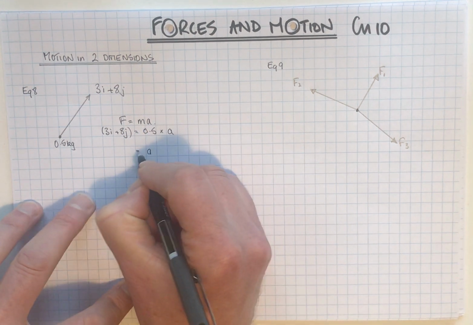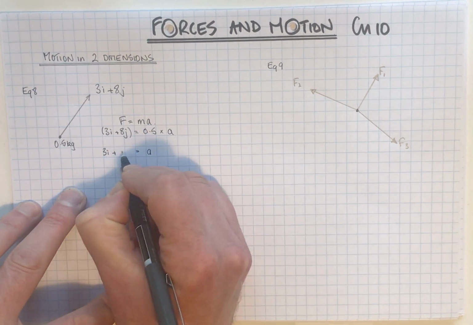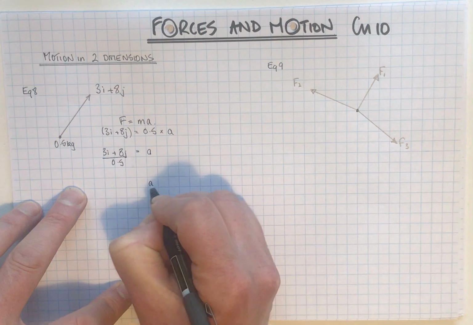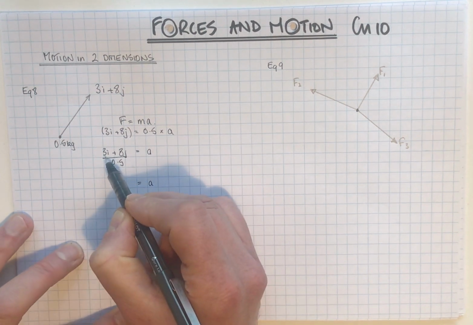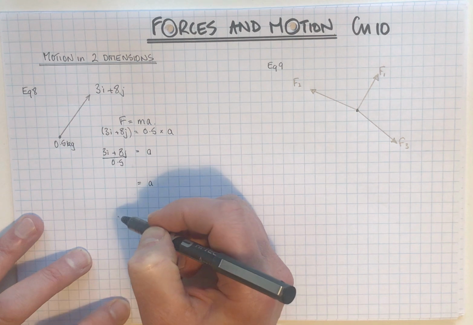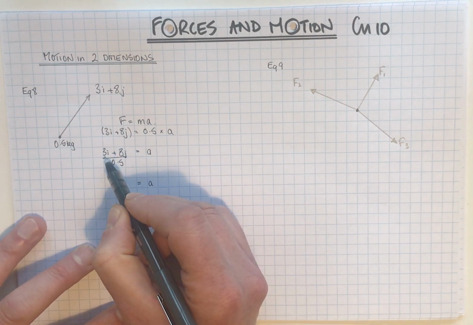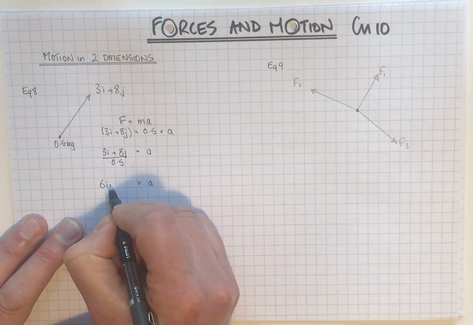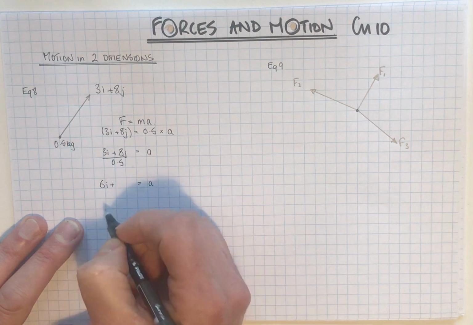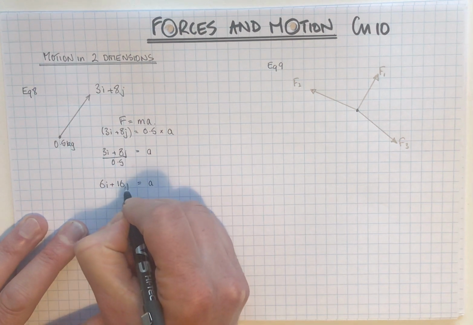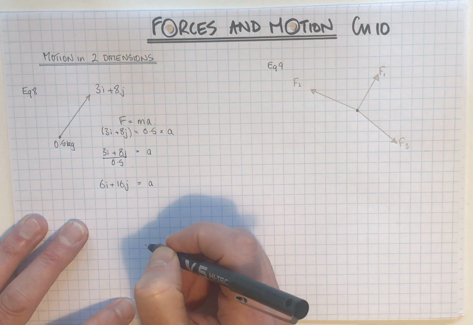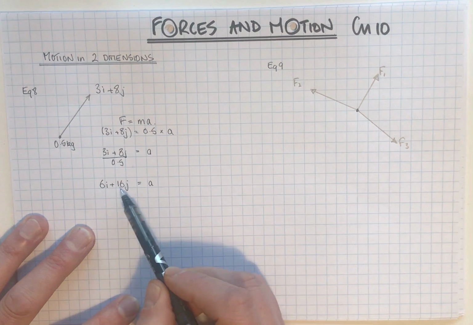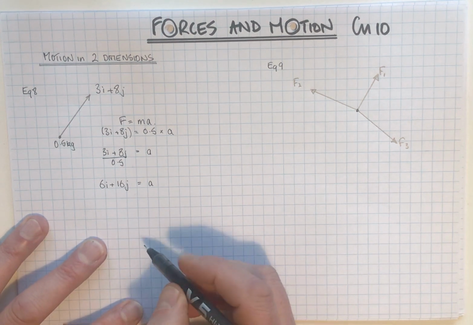So the acceleration is 3i plus 8j divided by a half, which might look quite confusing, but we're simply going to work out the acceleration in the i direction and the acceleration in the j direction. So in the i direction, 3 divided by 0.5 is 6, and in the j direction vertically it's 8 divided by 0.5, which is 16j. So it's going to accelerate in that direction, 6i plus 16j meters per second squared.